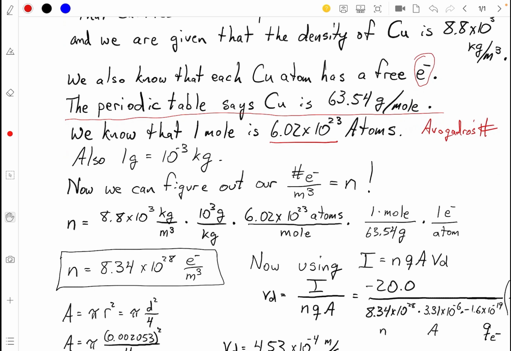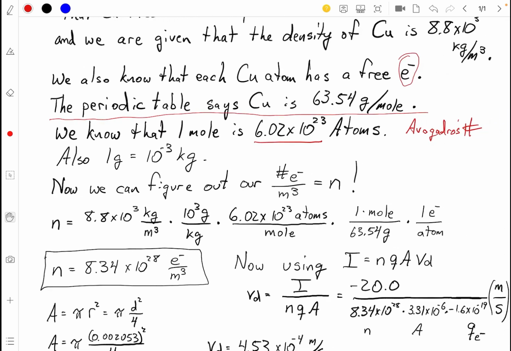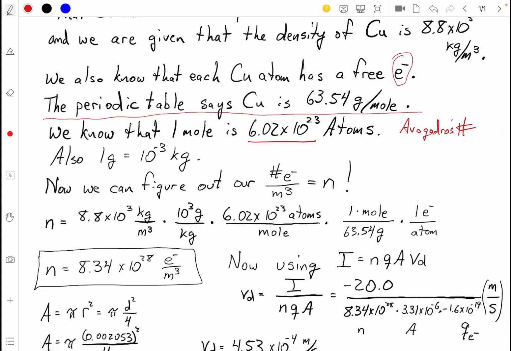So we have our mass, that's this guy right here. We know there are 10 to the 3 grams per kilogram because we got to get rid of kilograms. We've got 6.02 times 10 to the 23 atoms per mole. And 1 mole is equal to 63.54 grams.